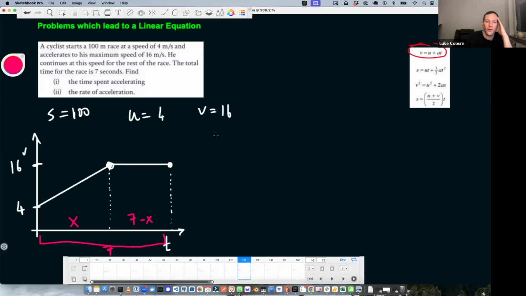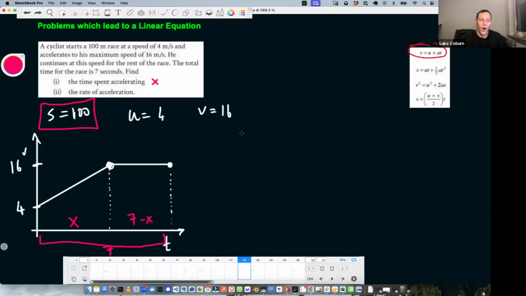What's the other thing that we know? We know that s is equal to 100, right? And we know that this is 16 here. They say find the total time for the race. So find the time spent accelerating, that's x, and then find the rate of acceleration, so they'll find that value of a.